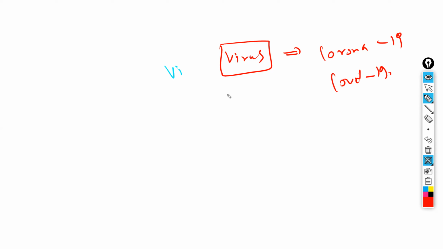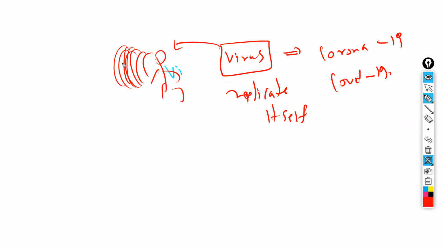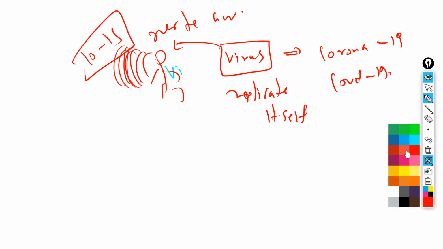This virus can replicate itself. That means if the virus spreads to somebody, from that somebody it will spread to many, like 10 or 15 nowadays. It spreads very fast, even over the air. So that is the behavior of the virus.